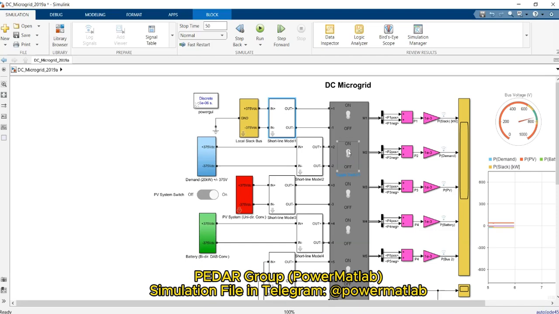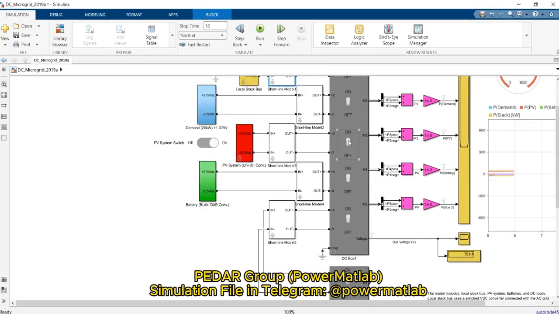For example, if you turn on or turn off, you can connect or disconnect this component from the DC power system, or connect and disconnect the DC PV system using this turn on or turn off.